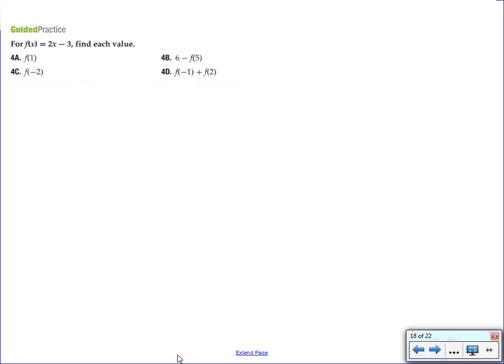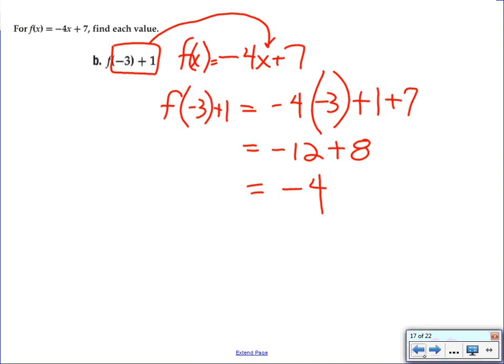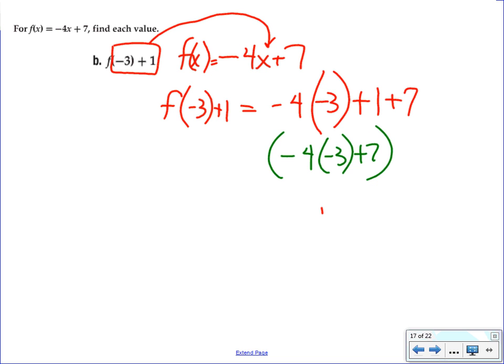The next, what do we have? Here's some practice problems for you. Go ahead and try these and see what you get. Oops, we got to go back. Sorry, guys, I goofed. We have to bracket off negative 4 minus 3, or make a bracket, and then add our 1, plus 7.